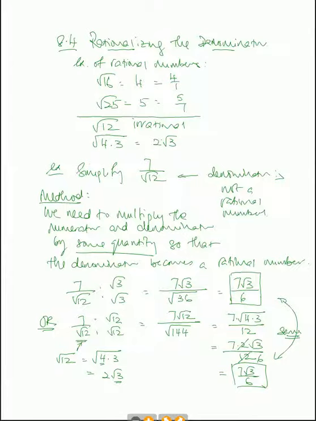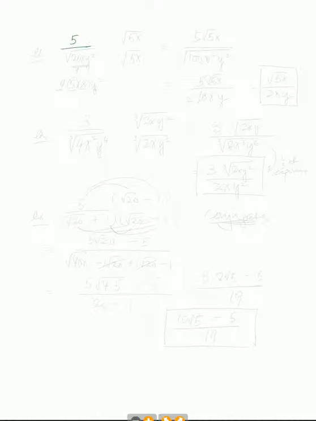Okay, so let's try another example. Let's say, for example, now I have 5 over radical 20xy squared.